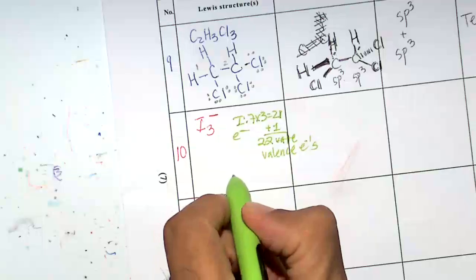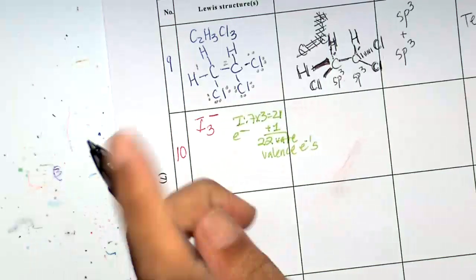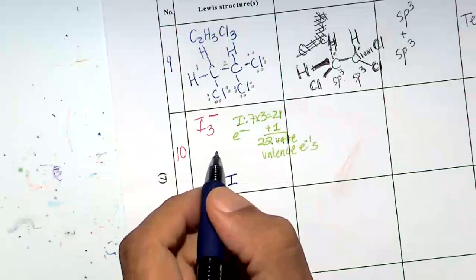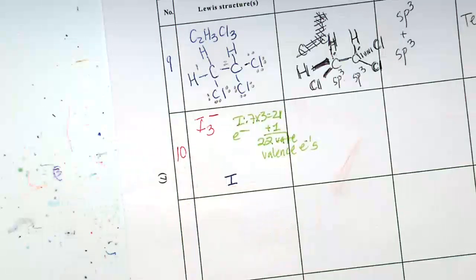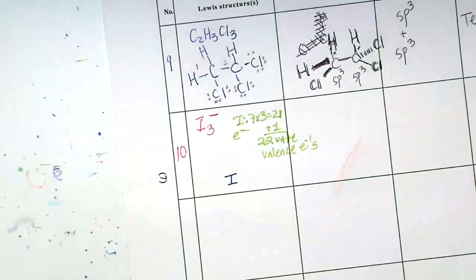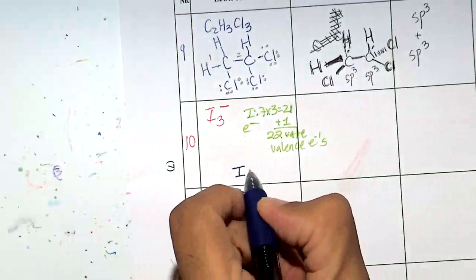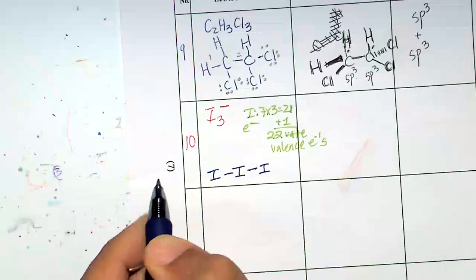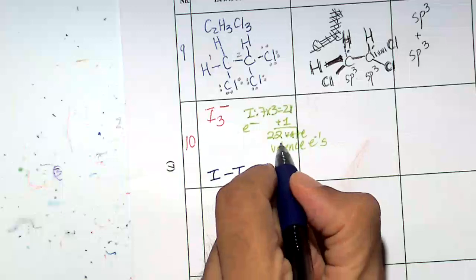All right, so we will have an I. Halogens, and iodine is a halogen in group 7, don't like to form double bonds. So I'll do an I with an I with an I. Let's fill in the electrons.